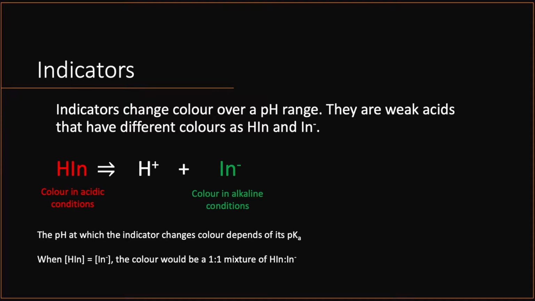So the pH at which the indicator changes colour will depend on the indicator's pKa, and when we have an equal concentration of the protonated acid and the anion present, then the colour is a one-to-one mixture of both of those. So in this case, if we have red and green, we would see an orange colour present.